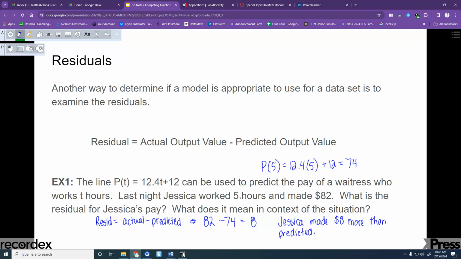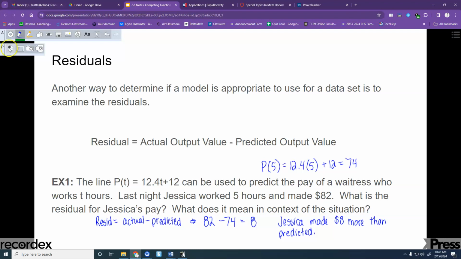So she had a relatively good night compared to this here. Okay, so that's a residual, actual minus predicted. Some of the questions you get may just ask you for a residual. All right. Now, residuals, every point that you have when you do a regression has a residual.